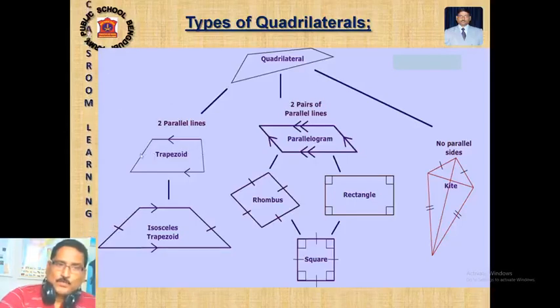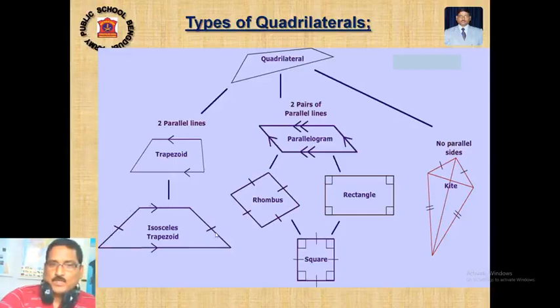When these two non-parallel sides are equal, then this particular trapezium will be an isosceles trapezium. Are you clear? So when two parallel lines are there, the figure is a trapezium, and these two sides are called non-parallel sides. When these two non-parallel sides are equal, it will be called an isosceles trapezium.